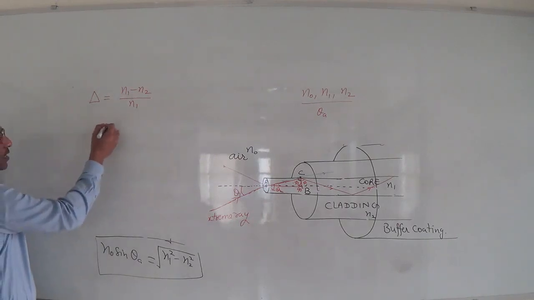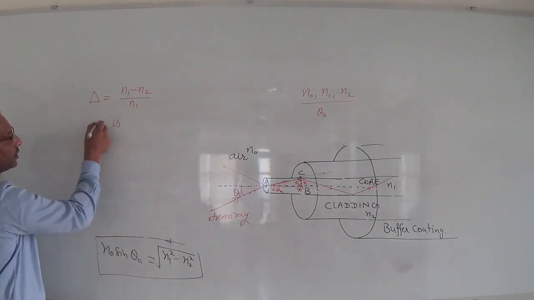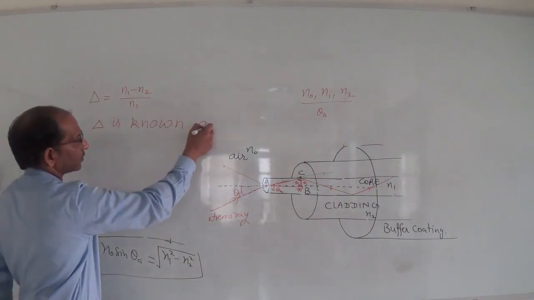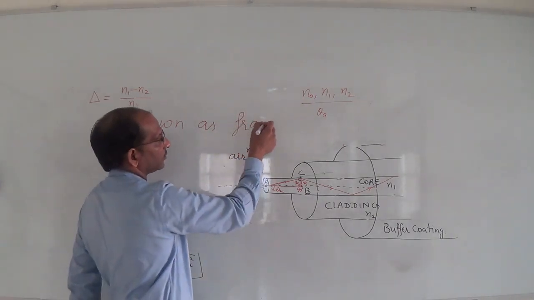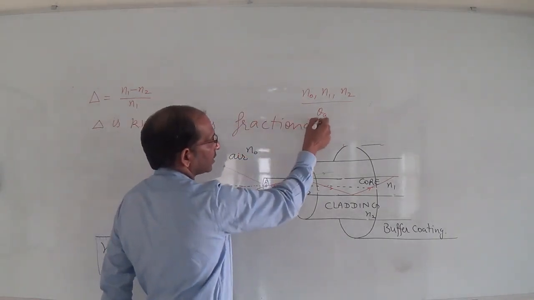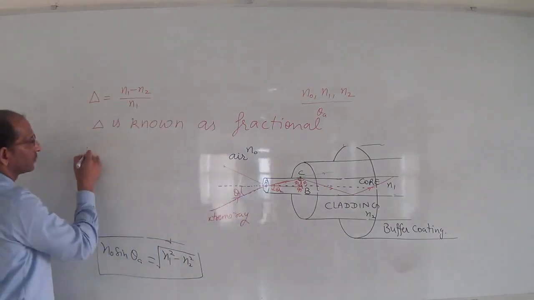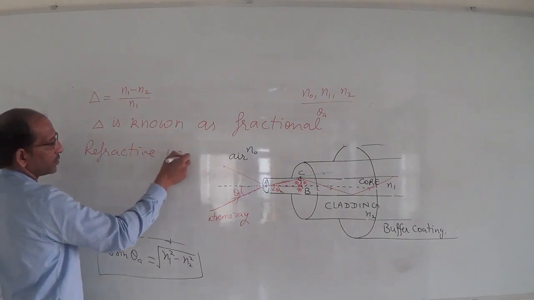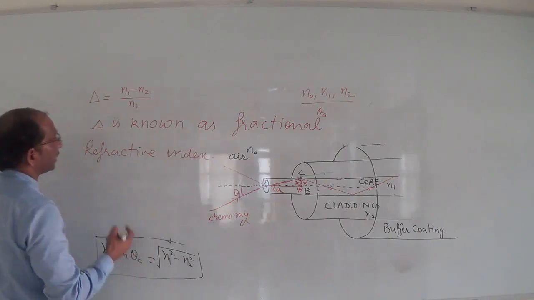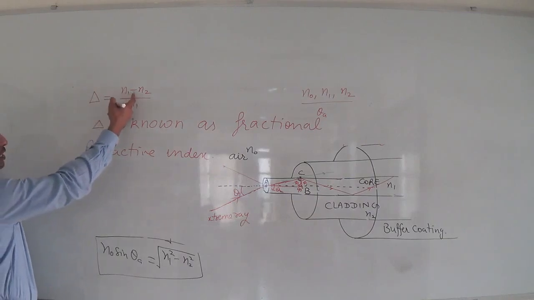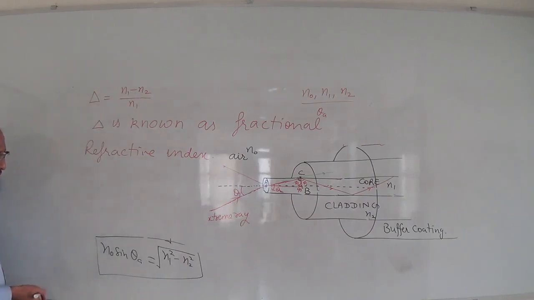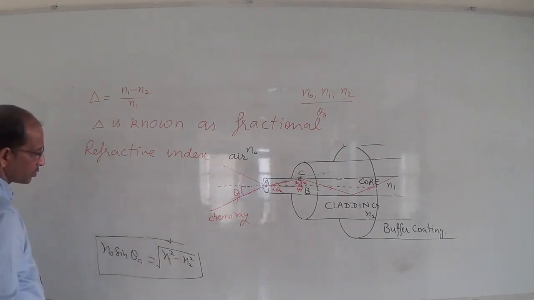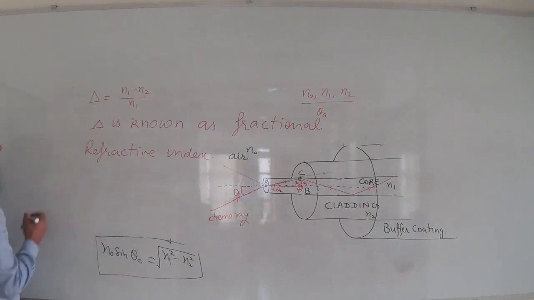So this delta is known as the fractional refractive index, and that is the ratio of these two, n1 minus n2 upon n1. So by using this, we can find out the result for n1 square minus n2 square.